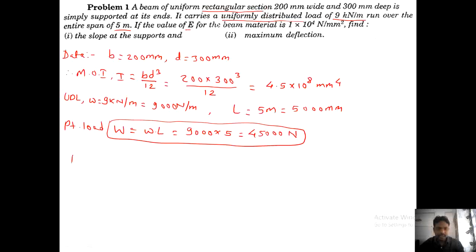And value of E is 1 into 10 raised to 4 Newton per mm square. Okay, no need to convert anything. So slope theta is to be calculated, so theta A or theta B, and the deflection YC, these two things are to be calculated. So let us try the formula for deflection and slope.